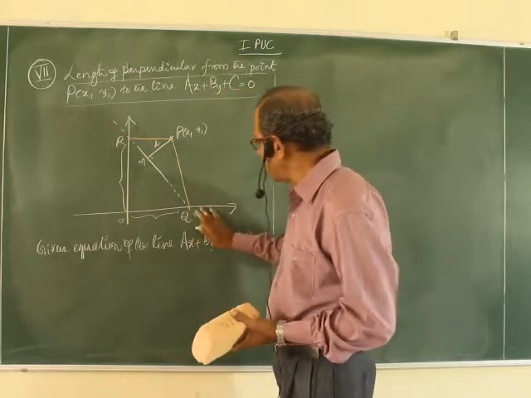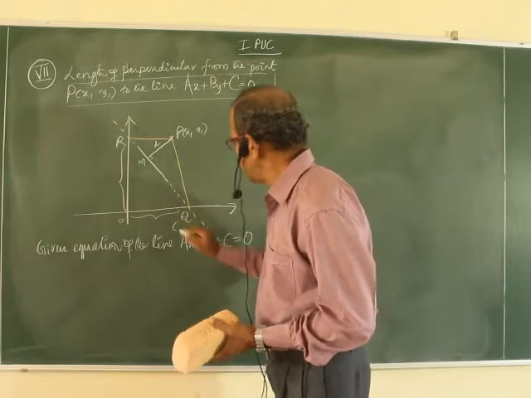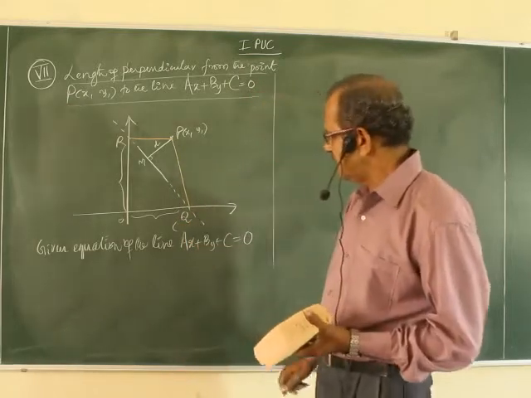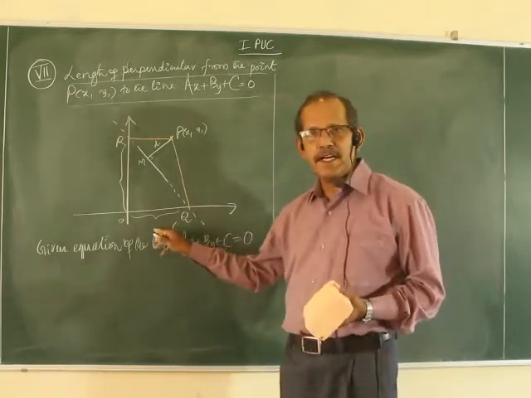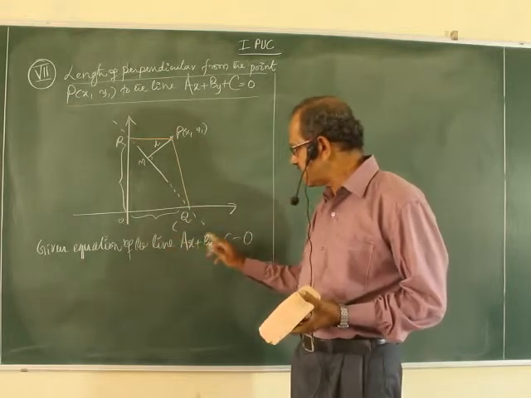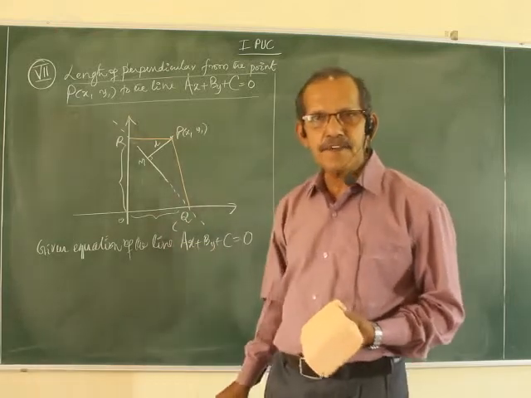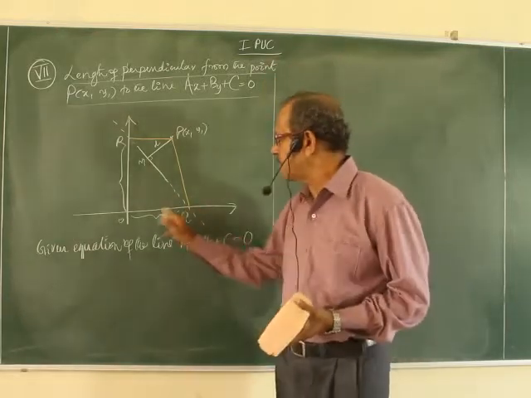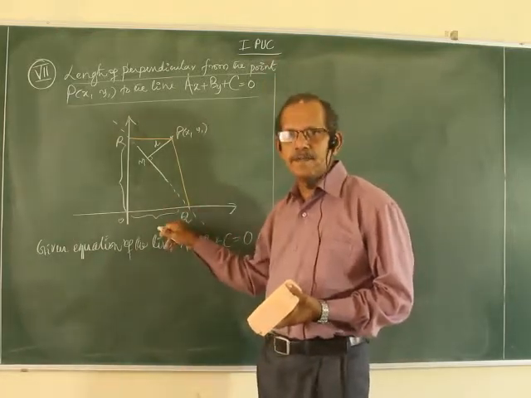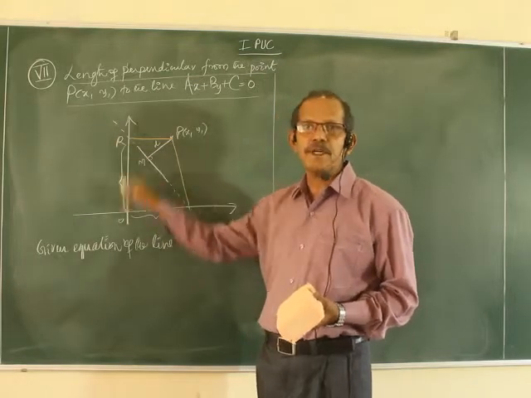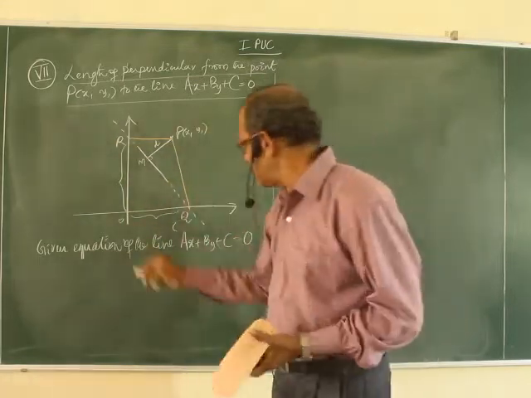X coordinate of Q is, let me write here, that straight away you can write. What is the x-intercept, what is the y-intercept? That one is called, no? X and y-intercept, if you know that. The distance of the point Q from the origin itself is x-intercept. Distance of the point R from the origin is y-intercept. Let me write that one.